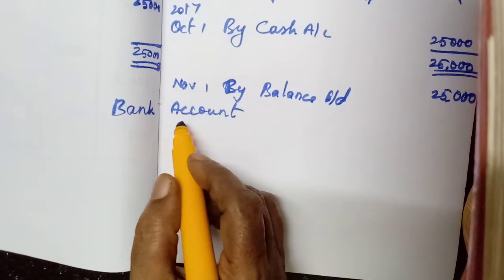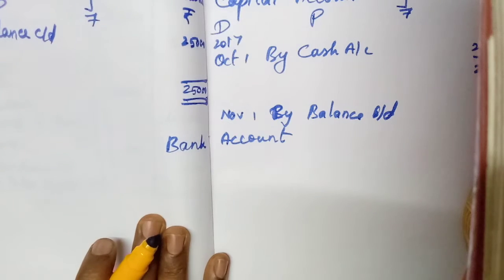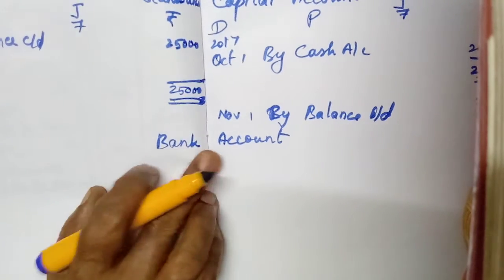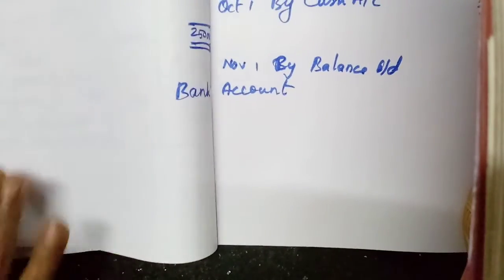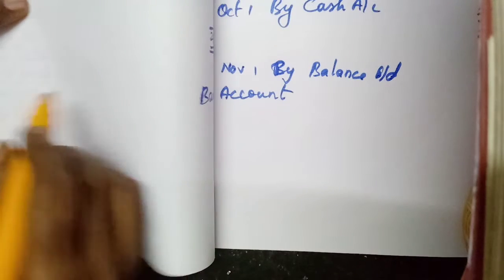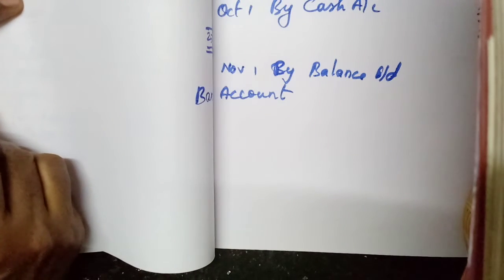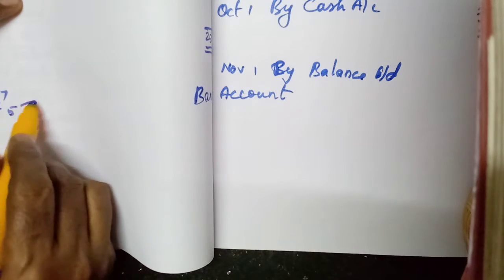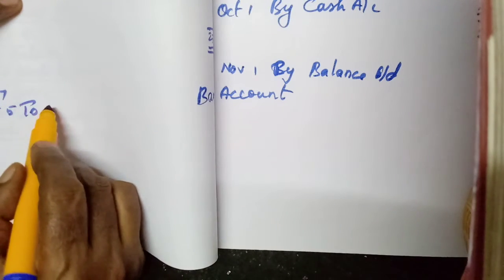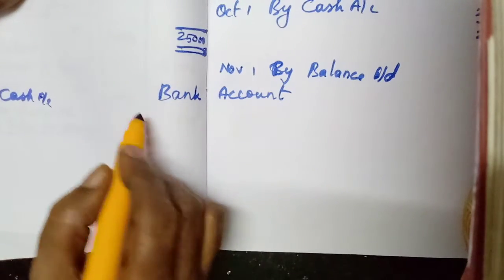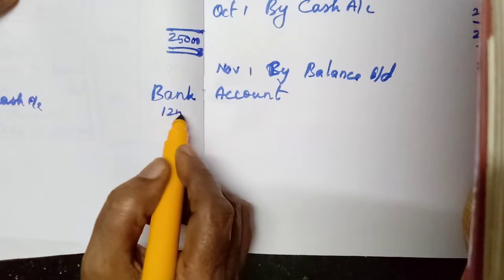Here bank account debtor. The fifth one, deposited into bank. Bank account debtor to cash. So bank is debited, so we have to post on the debit side. Date 2017 October 5, to cash account, 12,500.